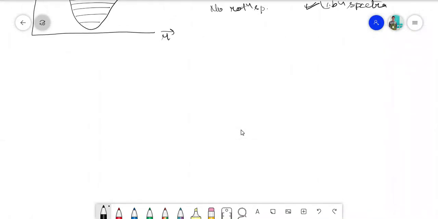Now we are moving to the last discussion, which is fluorescence and phosphorescence. Many of you already know what this is.